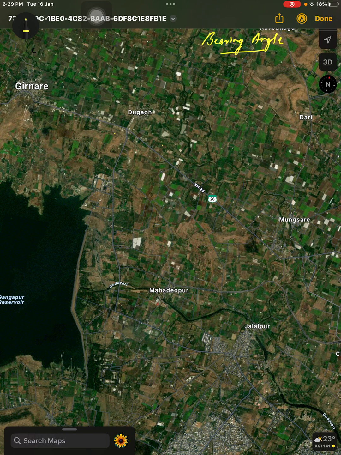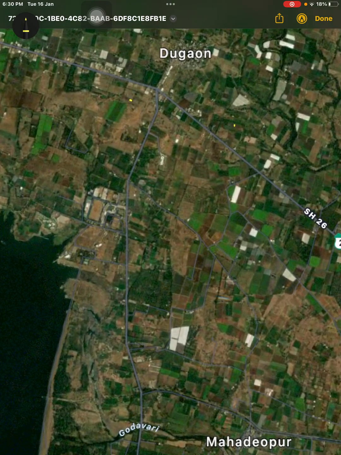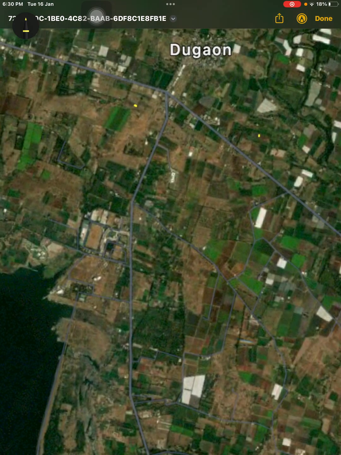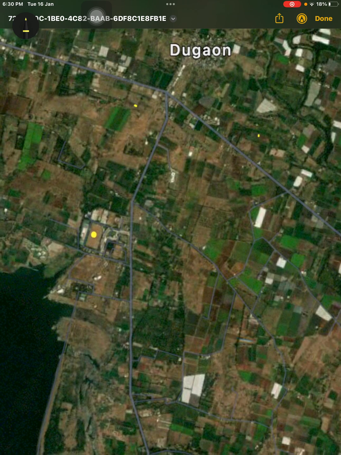Let's presume and look at a few places that you see on the map around you. One is Girnare, Dugaon, Mahadevpur, Jalalpur, and you may find that your school would be, this would be a school ground somewhere. It may be a little hazy, but this would be a school ground that I'm marking now.